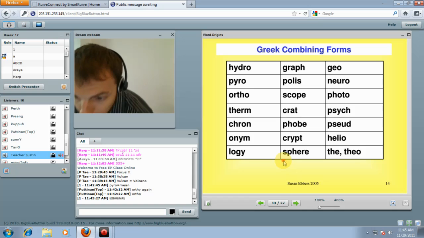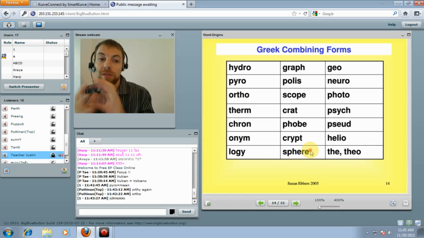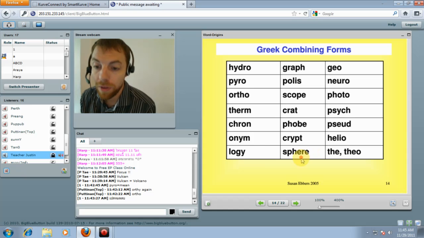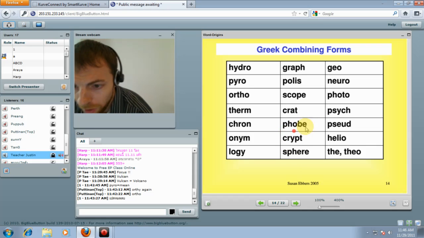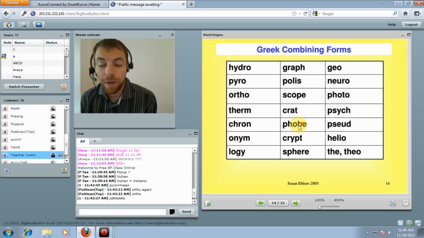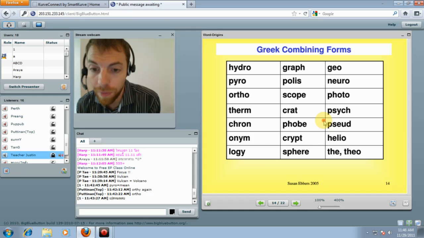Let's see, we have sphere. Sphere is like a ball, soccer ball, baseball, sphere. It's a shape. Phobe, this can be a fear of something. And phobia is a similar word to that, but it's something you are scared of.